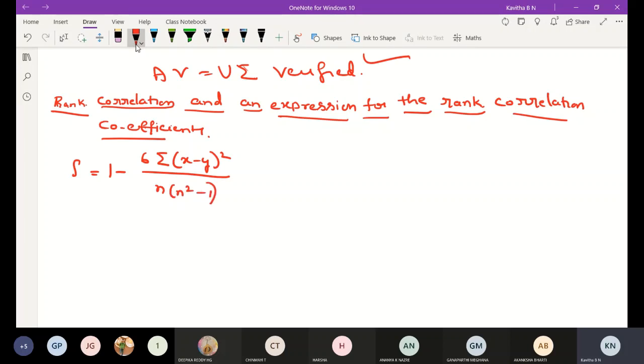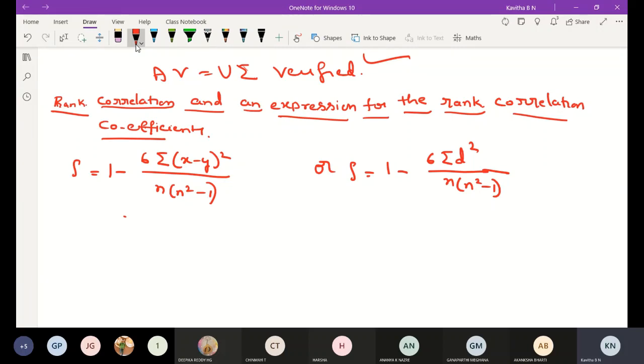Or one more rank formula: Rho is equal to 1 minus 6 summation of d square divided by n into n square minus 1. These are the rank formulas. Proof is not there. We are using only rank.